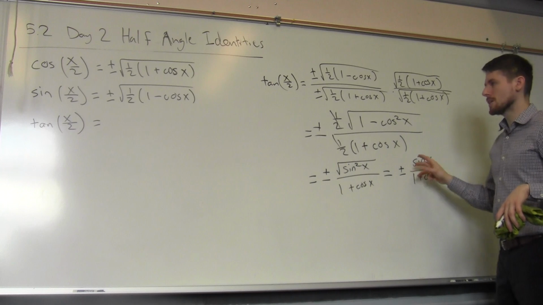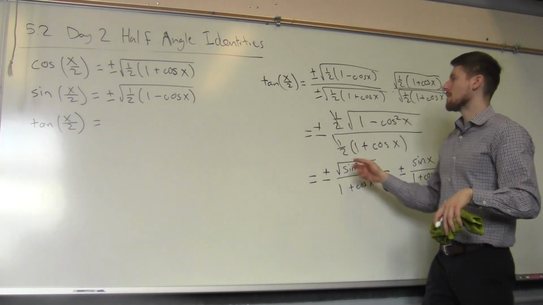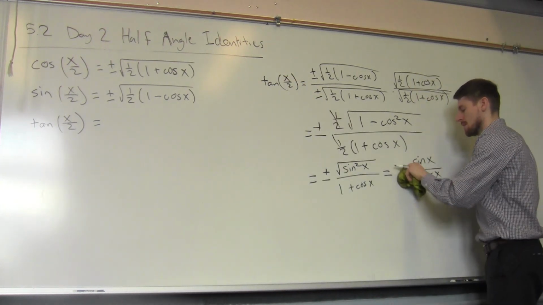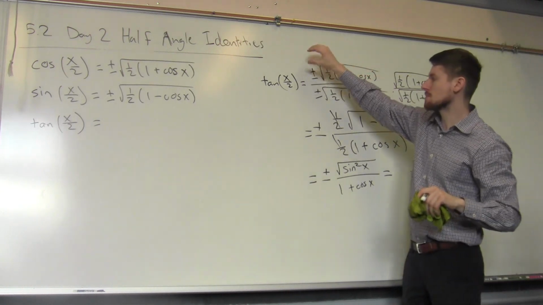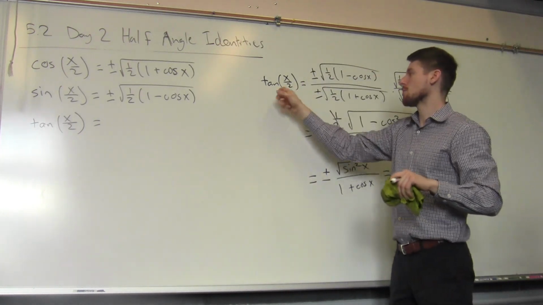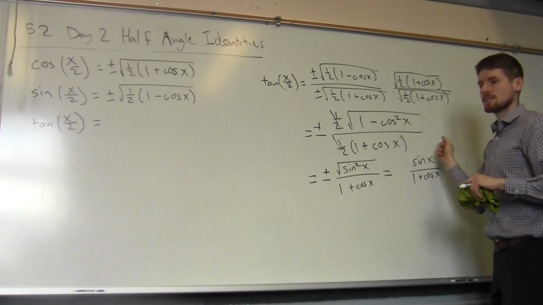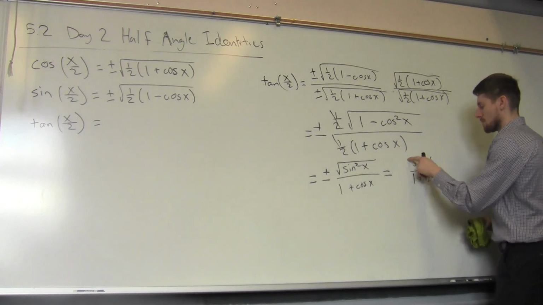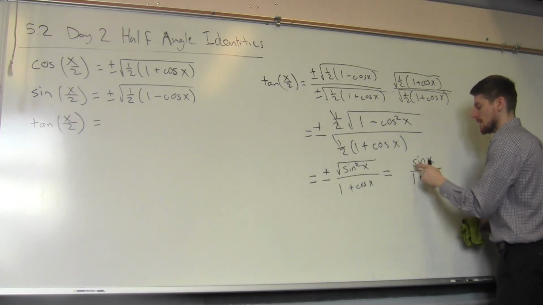Now, what about this plus or minus piece? Well, it turns out that I can get rid of the plus or minus because the sign for the tangent of x over 2 is just dependent on the sine of x. So this thing right here has the plus or minus encoded in it.